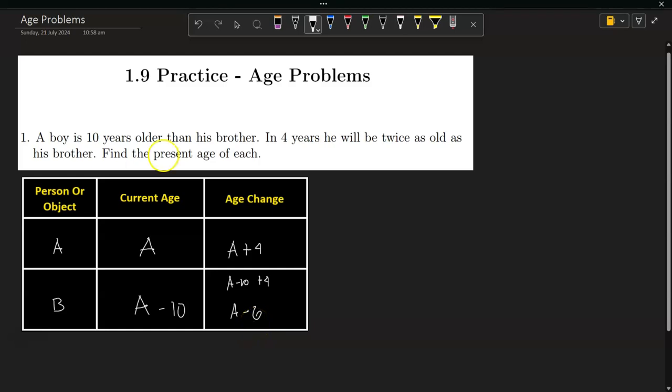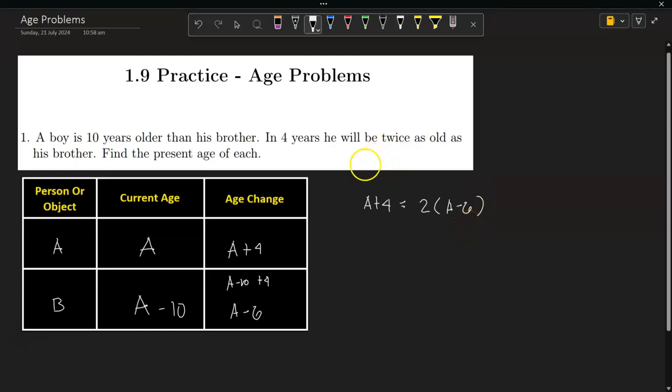So what happens in 4 years? It says here that the boy's age will be twice as old as his brother. Meaning to say, the boy's age after 4 years will be twice of this. So what we're going to do is simply write A plus 4 equals, twice, so multiply by 2, A minus 6.